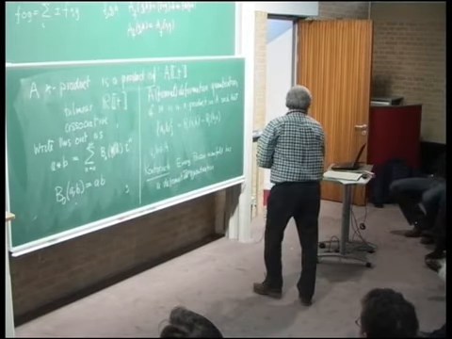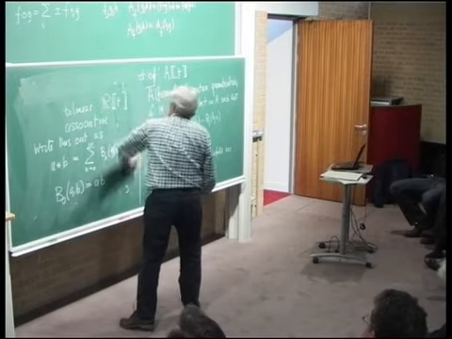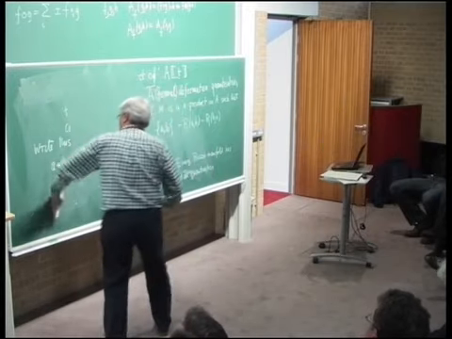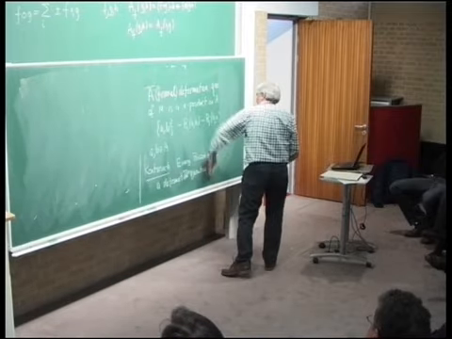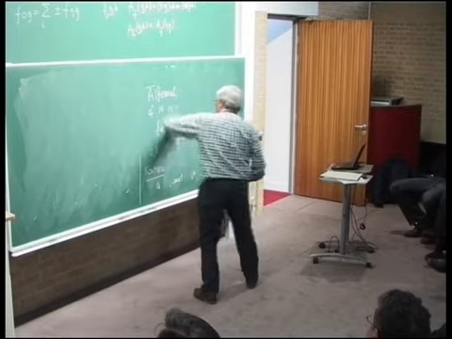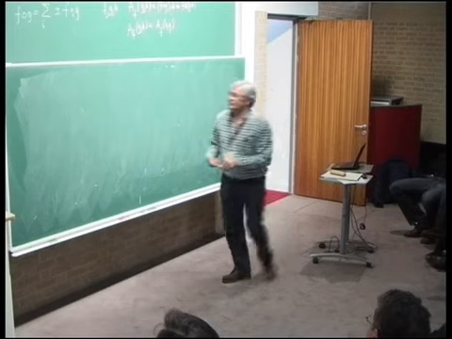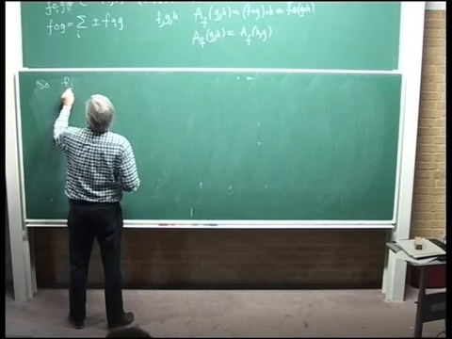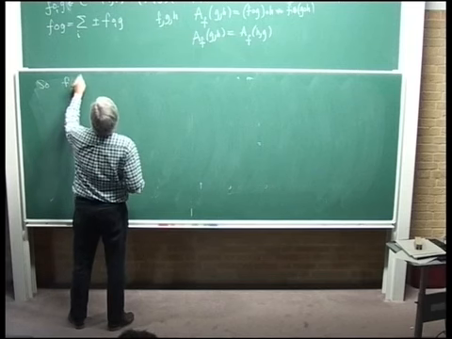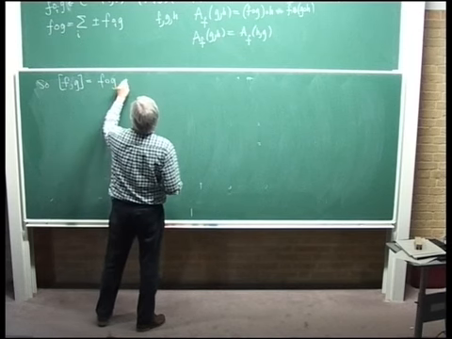Okay, it follows that this is sometimes called a pre-Lie algebra or something like that. It follows that if I take the commutator of the circle operation, and there's a sign here.